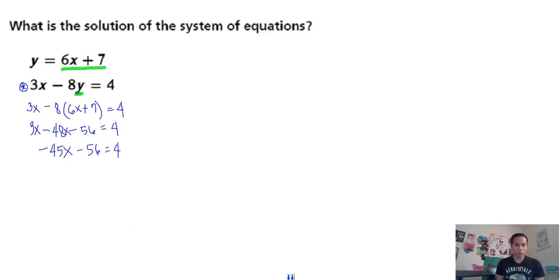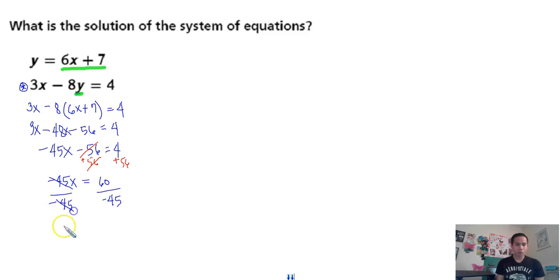Then I'm going to add 56 to both sides. Of course, this will cancel, so I have negative 45x is equal to 56 plus 4, which is 60. Then I'm going to divide this by negative 45, so this will be a fraction.